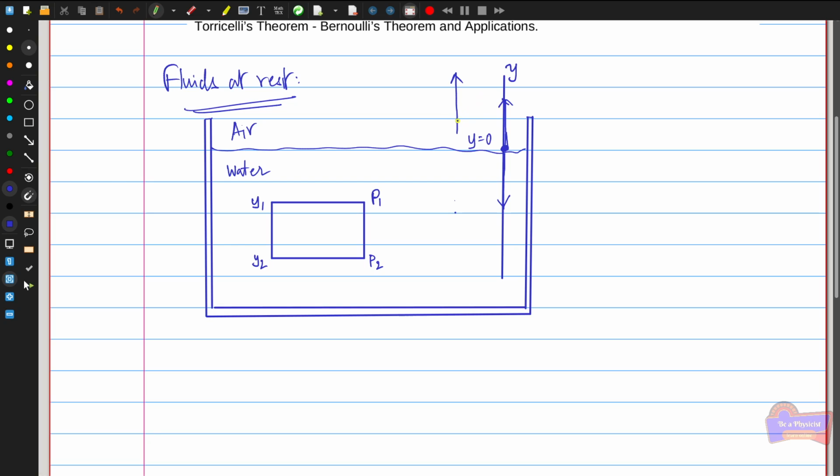This can be imagined: if a person is diving into a swimming pool or water tank, then as you go inside the water, the pressure increases. Similarly, if a mountaineer is climbing a mountain, then the pressure decreases as the altitude increases. The pressure we are talking about here is called hydrostatic pressure.